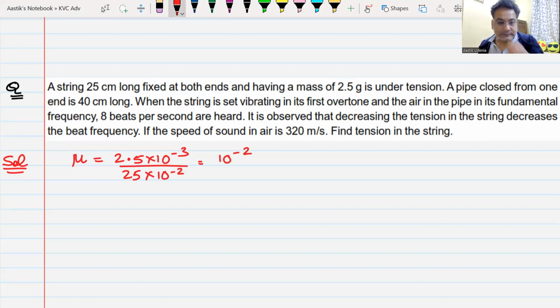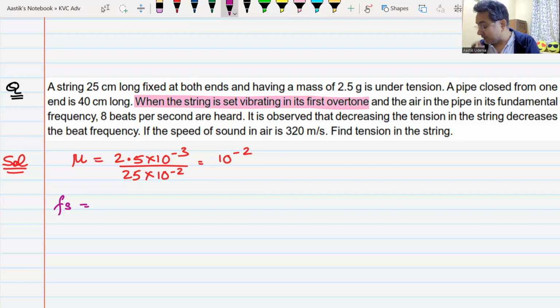Yes or no? Yes, sir. Now the string is in its first overtone. First overtone is the second harmonic. So the frequency of the string will be the second harmonic. What is the formula for the second harmonic?